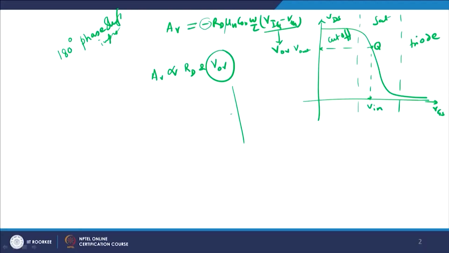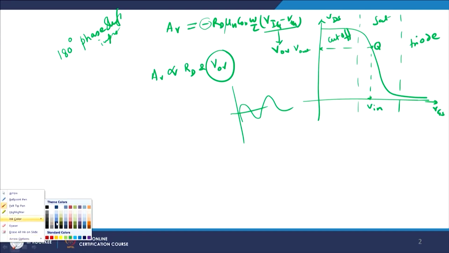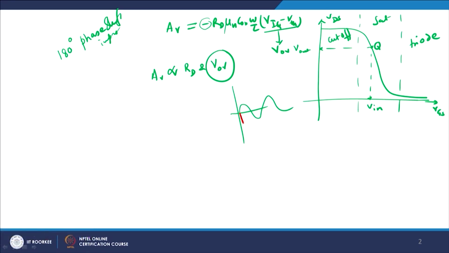So, if you have an input something like this, then the output will be something like this, it will go like this and then like this. So, it is 180-degree phase shifted, this is V out and this is V in. And if you want to find out the gain, it is basically V out by V in at any particular point.